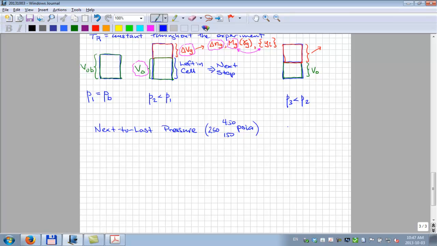But remember that the volume of gas is basically proportional to the moles that come out of solution, which is about constant from step to step, divided by what? Pressure.